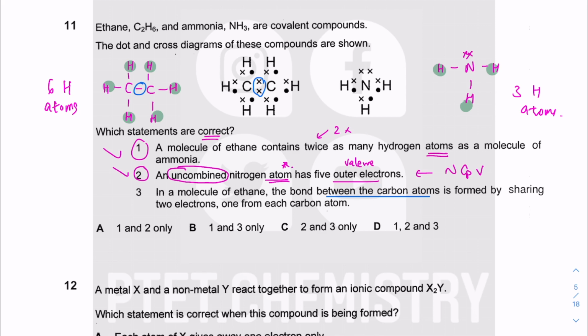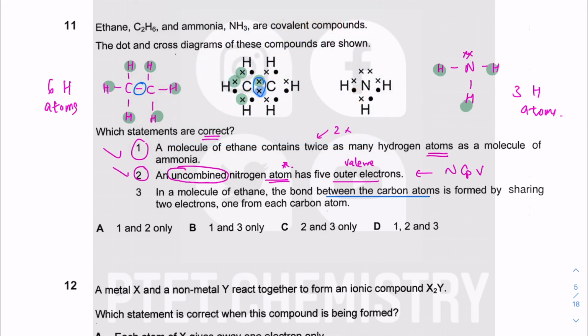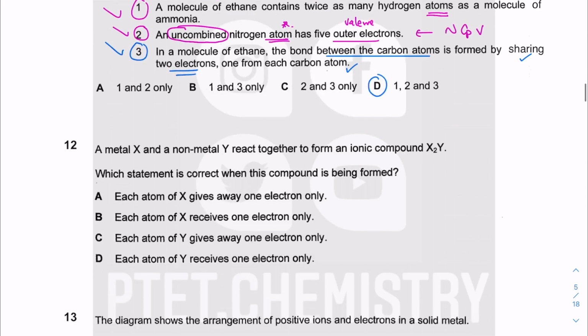As you can see with the crosses, 1, 2, 3, 4, it doesn't matter which is which, but one comes from here and the other comes from the other carbon. So 1 from each carbon atom is correct, and it is formed by sharing 2 electrons. So it all comes down to reading questions, and all of them are correct statements there.